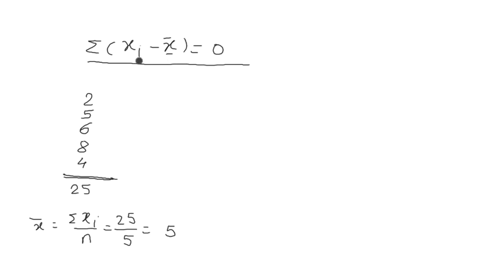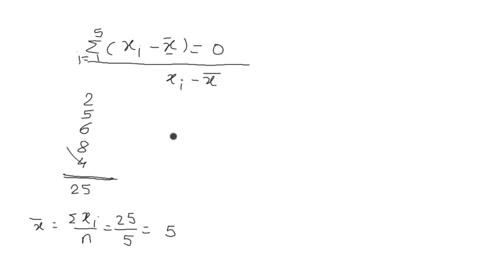So the next step is we need to find the summation of xi minus x bar. First we need to find the column of xi minus x bar. Since the observations are 5, summation is varying from i equal to 1 to 5. So the first observation will be x1 minus x bar, the second x2 minus x bar, the third x3 minus x bar, the fourth x4 minus x bar, and the fifth x5 minus x bar.